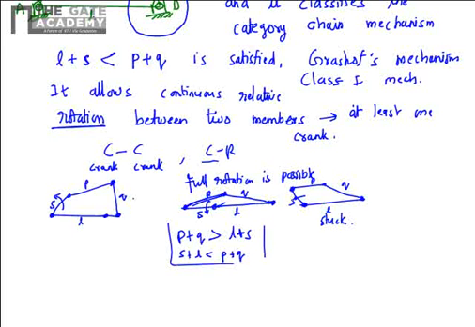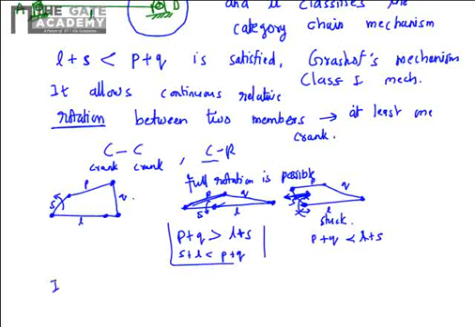While in case P plus Q is not greater than L plus S, that is, it is less than L plus S, the complete rotation is not possible. It will get stuck at some angular position, so it can only have a rocker arrangement, a rocker motion. It cannot have a crank motion, a complete rotation motion. That is how the Grashof condition is determined.